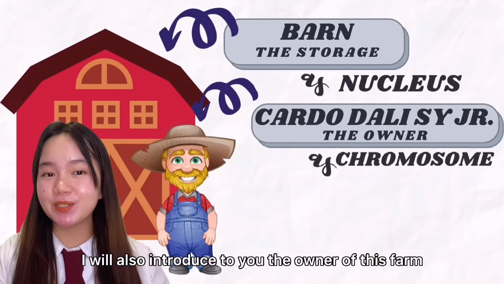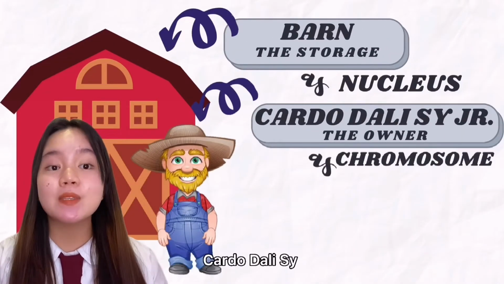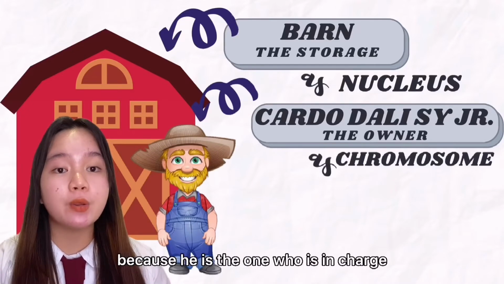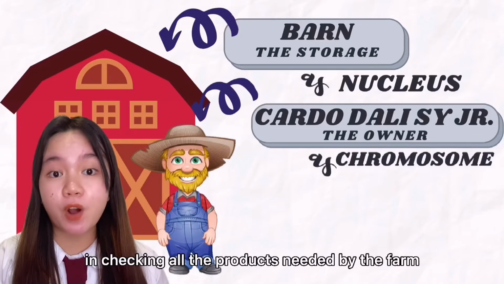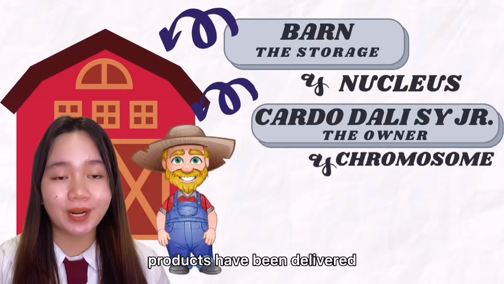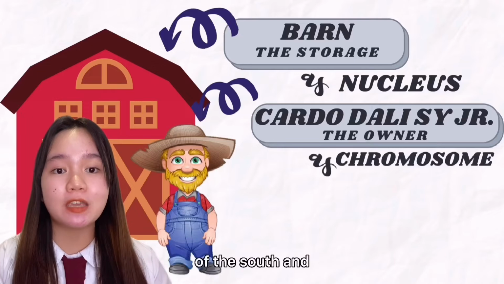I will also introduce to you the owner of this farm, Mr. C. Mr. C always stays here in the barn because he is the one in charge of checking all the products needed by the farm. He is also the one who checks if the harvested products have been delivered successfully to the community of the South.